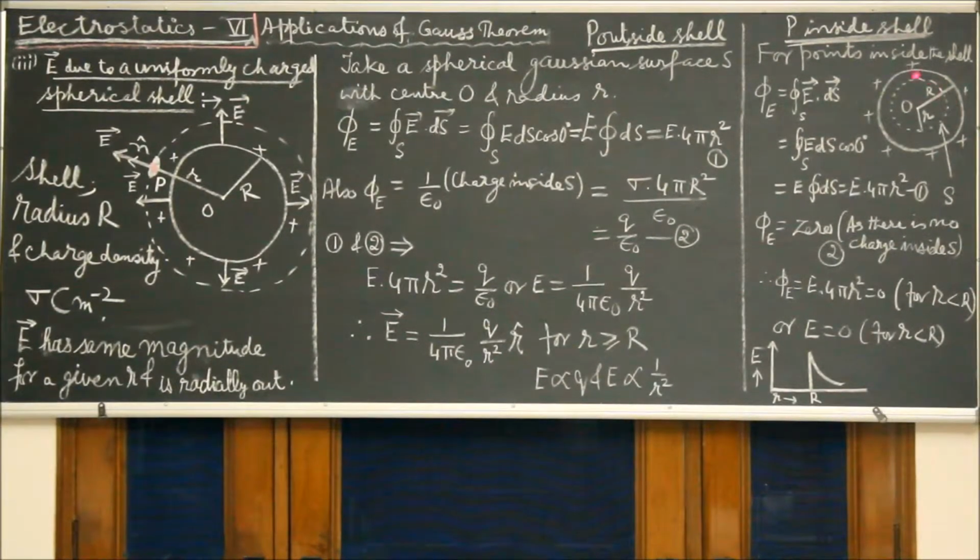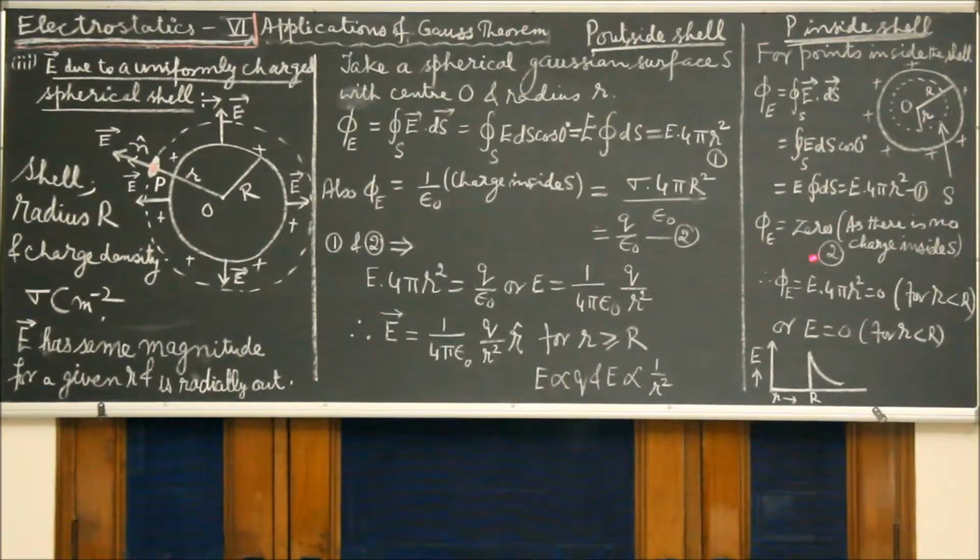If we have points inside the shell, then for flux, if you take a similar spherical Gaussian surface as taken here, the same argument as in case 1 leads us to the flux equal to E into 4 pi r square. However, if you apply Gauss theorem, we don't have any charge inside this dotted spherical Gaussian surface.